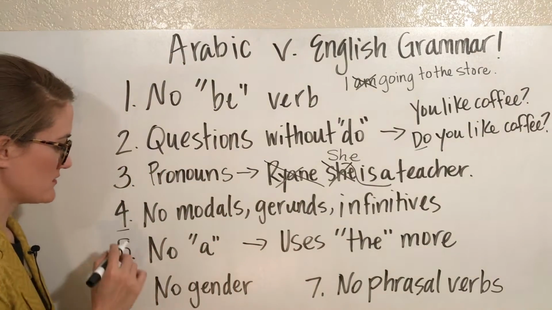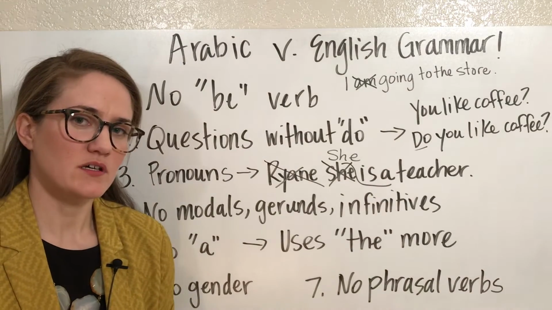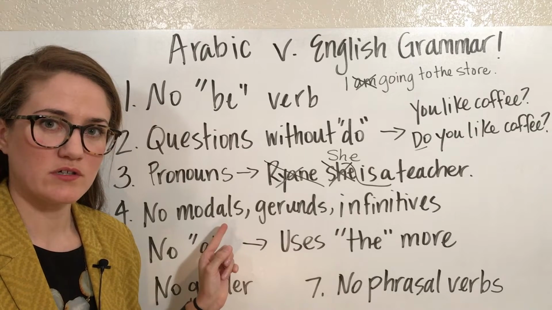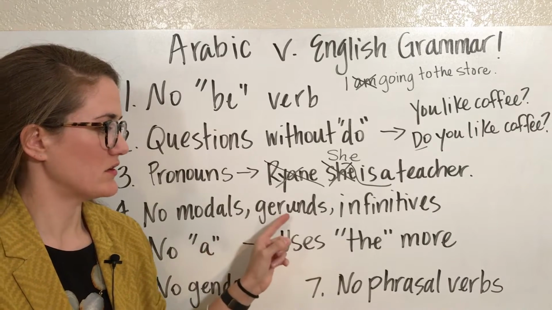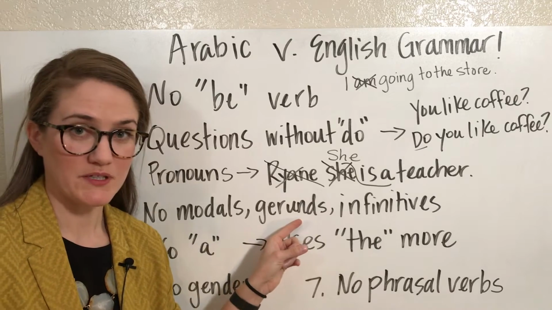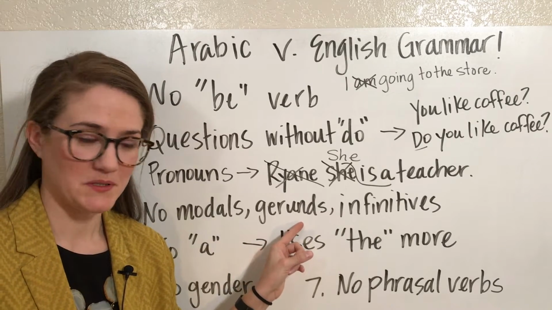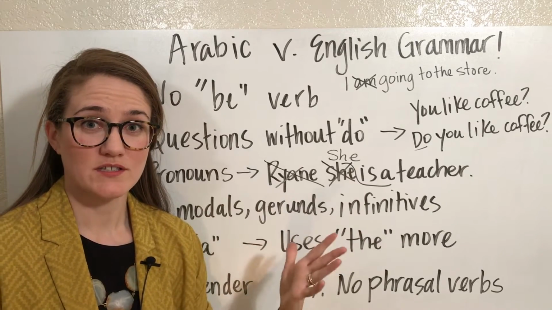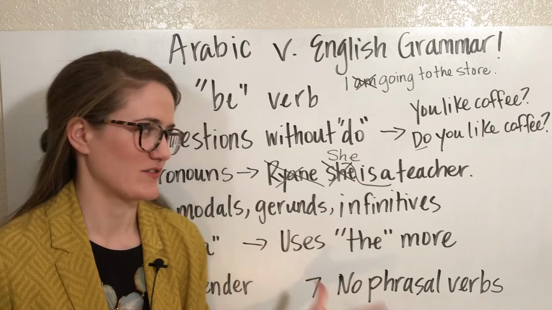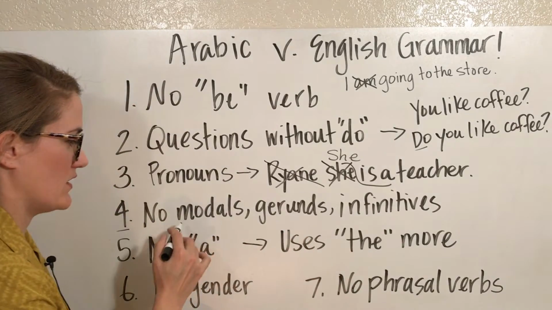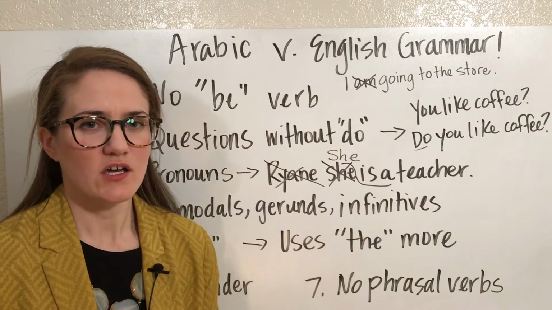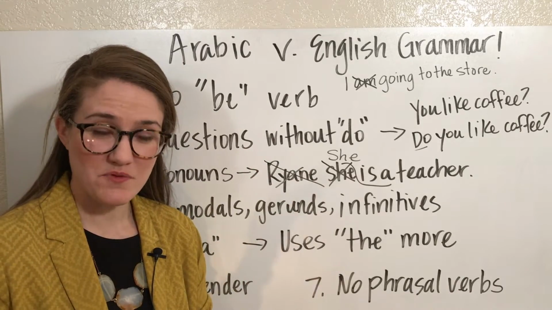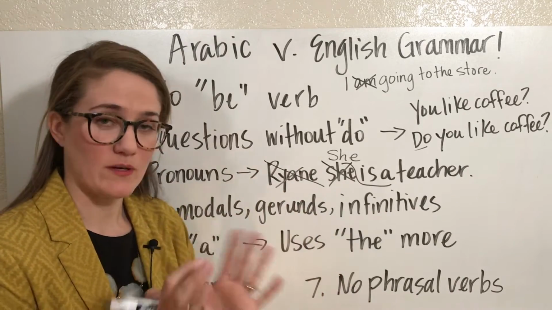Okay? Also, number 4. In Arabic, you don't really use modals like can, could, would, should, or gerunds like shopping is my favorite hobby, or infinitives like I want to go surfing. This kind of grammar structure is not common in Arabic, and you have a different way of saying the same thing with a different grammar pattern.